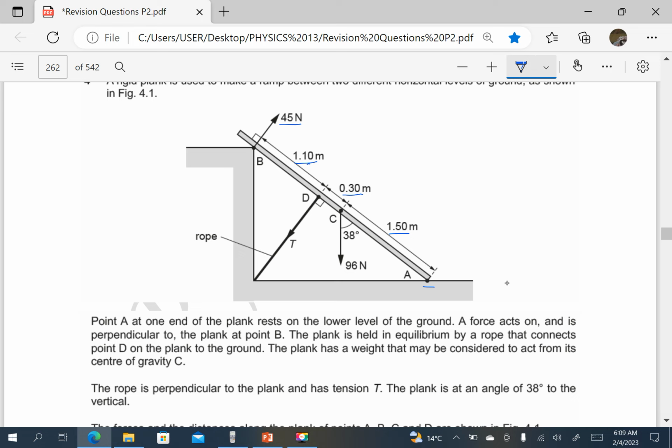The plank is held in equilibrium. That means the resultant moment and the resultant force is 0, by a rope that connects point D on the plank to the ground. The plank has a weight that may be considered to act from its center of gravity. So C is at the center of gravity.